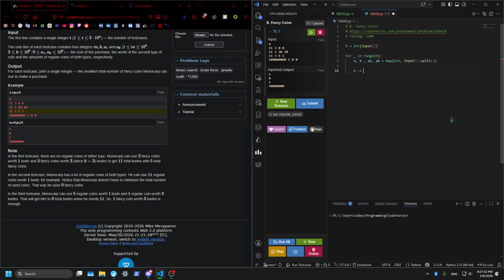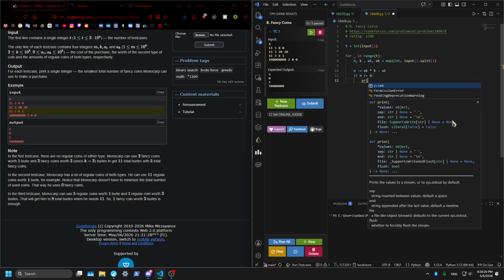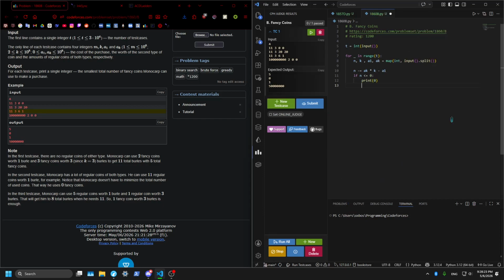N minus equals AK times K. N minus equals A1. Oh, we're gonna just do minus A1. If n is less than equal to 0, print 0, continue.